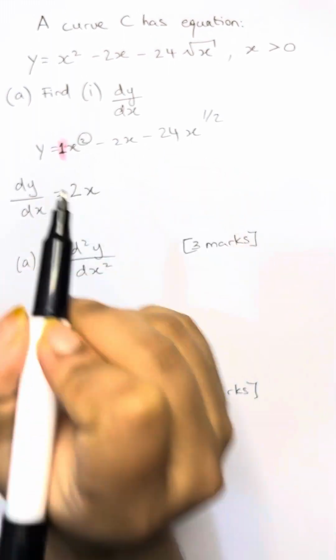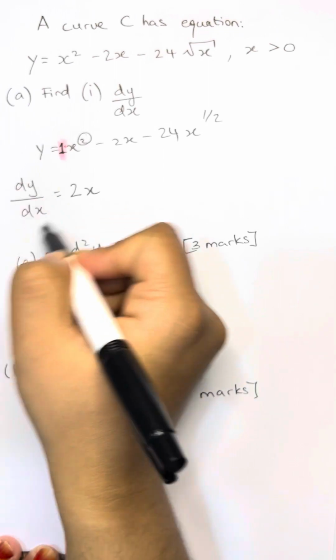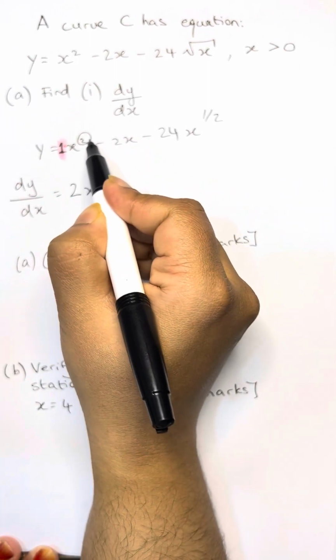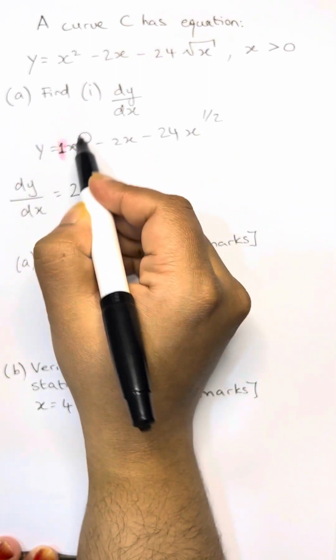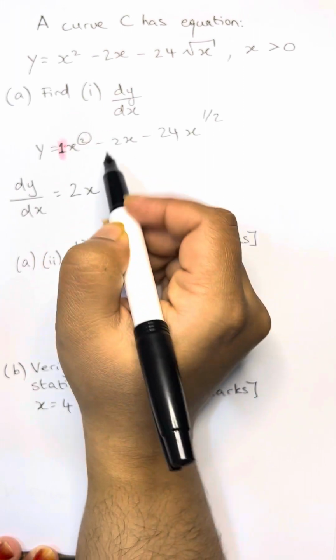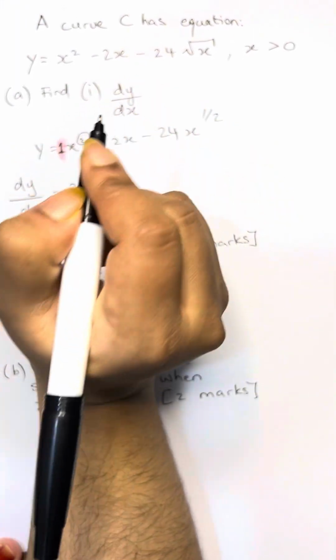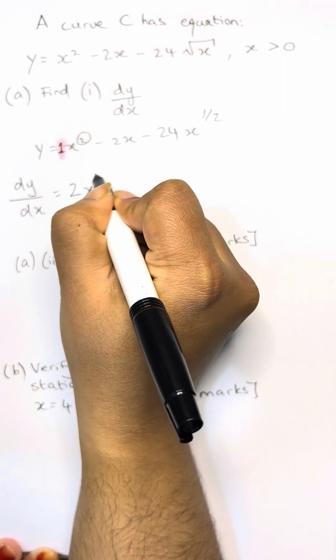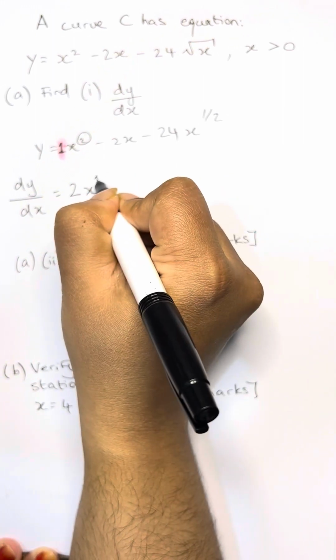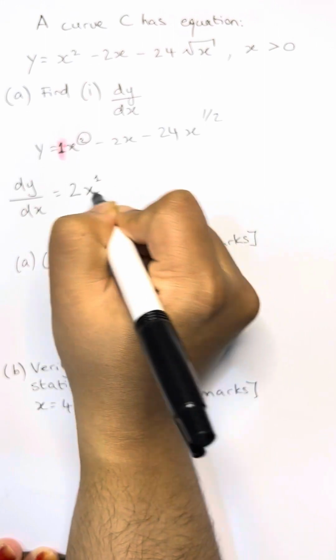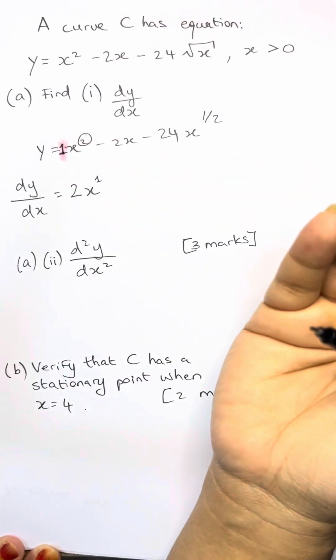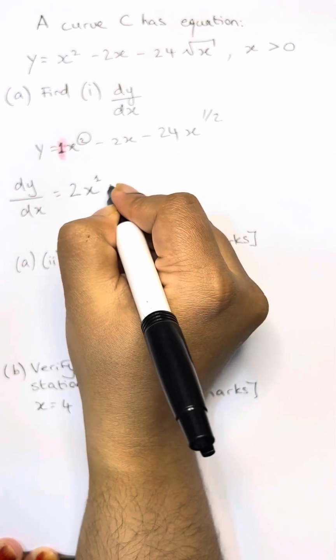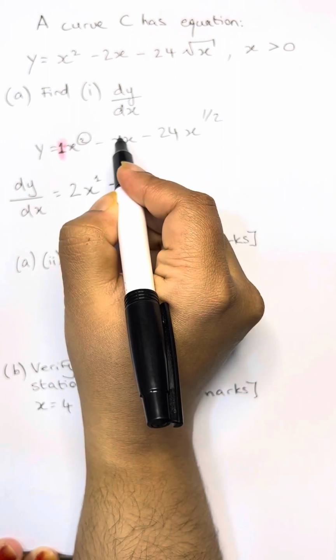Now, the next step for the differentiation, I need to take away 1 from the exponent. It's always take away 1. So 2 take away 1 is just 1. I don't need to write it down, but I will keep it for now, just so it's easier for everybody to understand. Then I have minus 2.